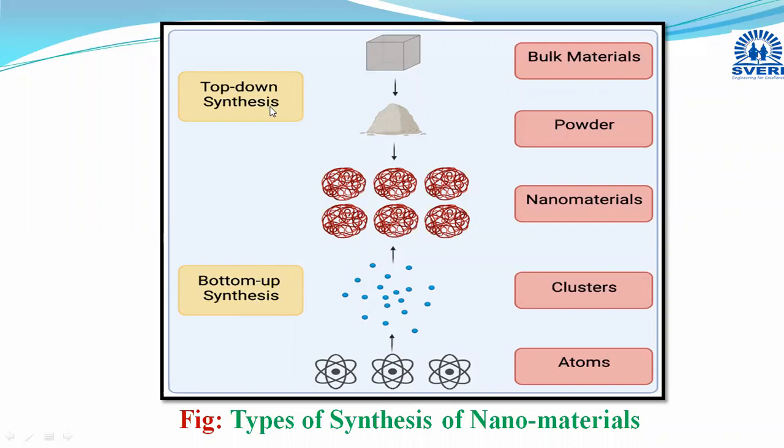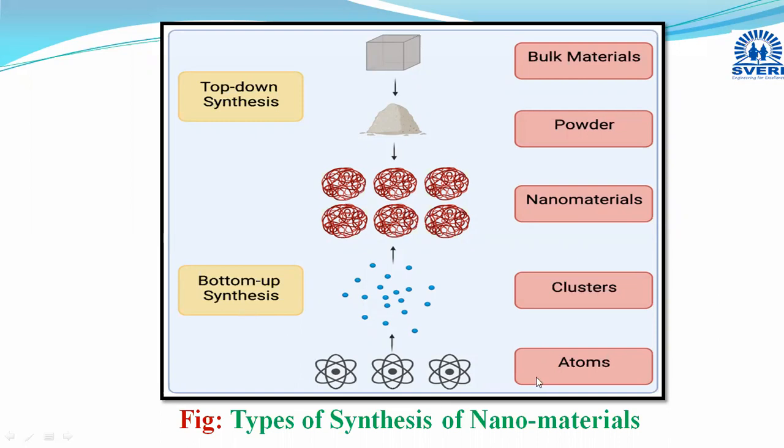In top-down synthesis, from the available bulk material, we convert it into powder, and after converting it into powder, the nanomaterials are formed. Okay, from bulk material, we are reducing the size, hence it is termed top-down.